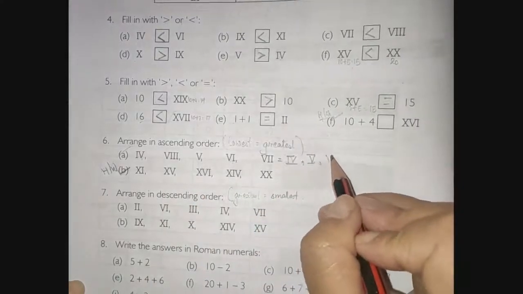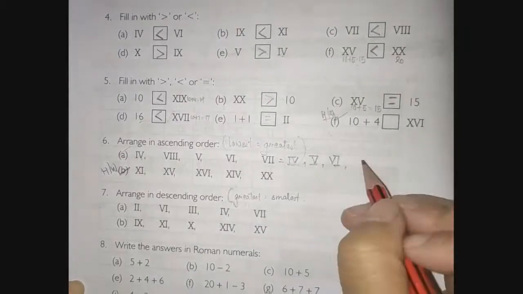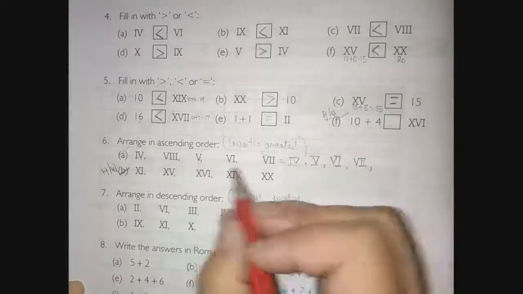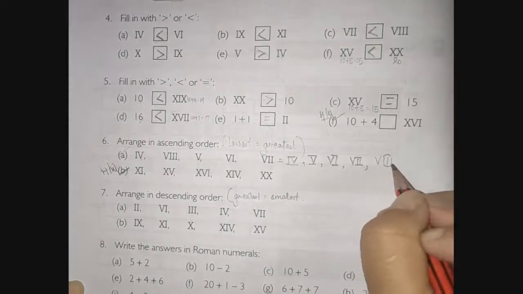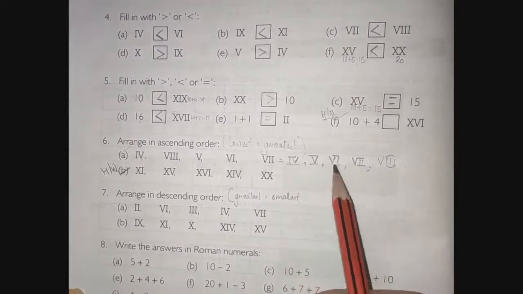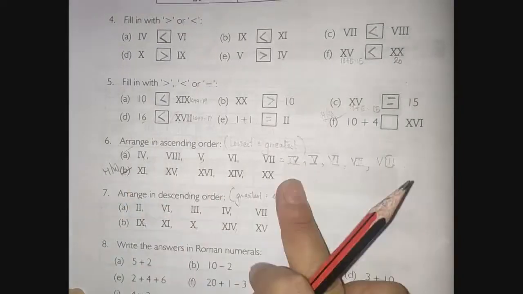After that, next greater number I will write, that is VI, which is equal to 6. After that, VII, that is equal to 7. After that, VIII, that is equals to 8. So in this way I have arranged the numbers in ascending order. Next, you will arrange number B in ascending order.